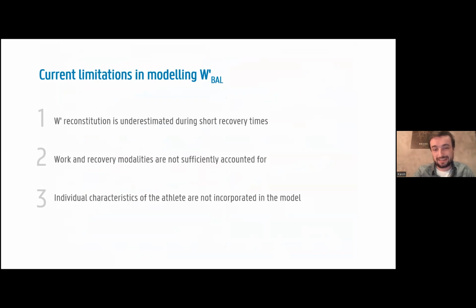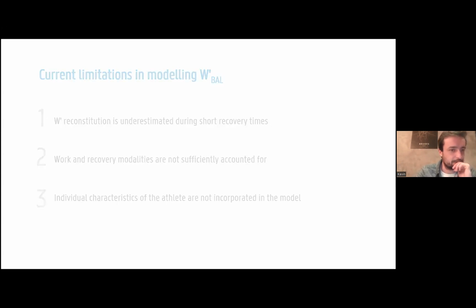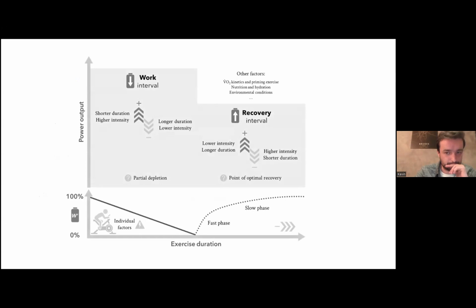Work and recovery modalities are not sufficiently accounted for, so work modalities should be incorporated in such models, and also the recovery modalities should be improved. And as a third point, it's really important to include individual characteristics of an athlete in W prime modeling. I think if we can improve those three issues, it would already take us a big step further in the right direction.